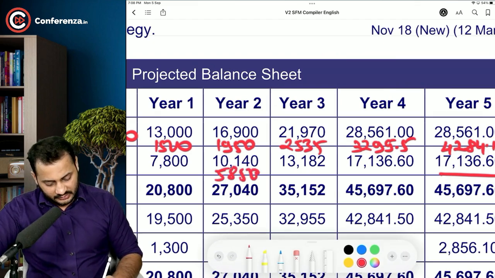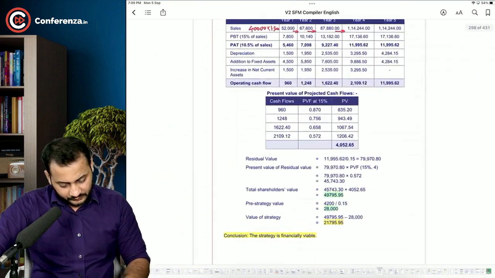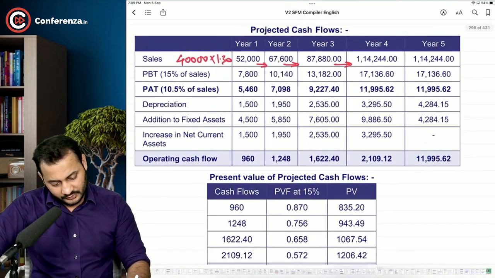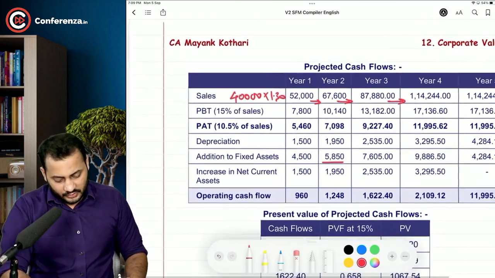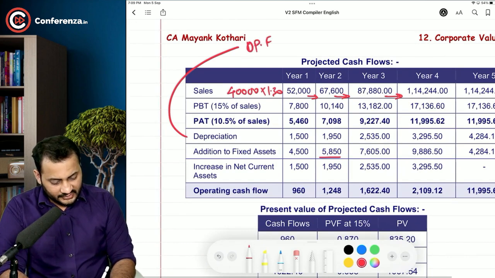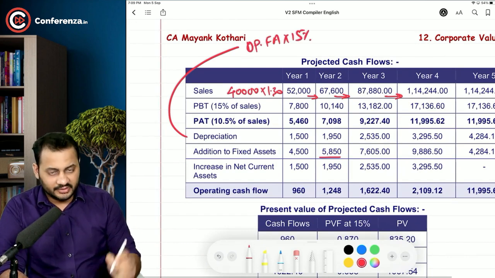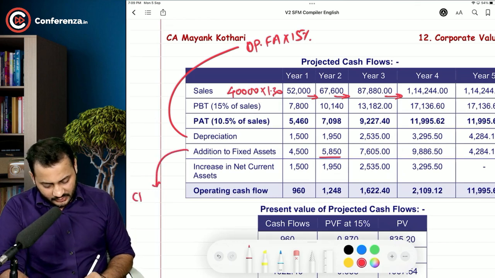Let's check that in the calculation. Next page. See, 5,850. Okay, so I will just write down the formulas. Opening fixed assets multiplied by 15% is the depreciation. Addition to fixed assets is very simple.